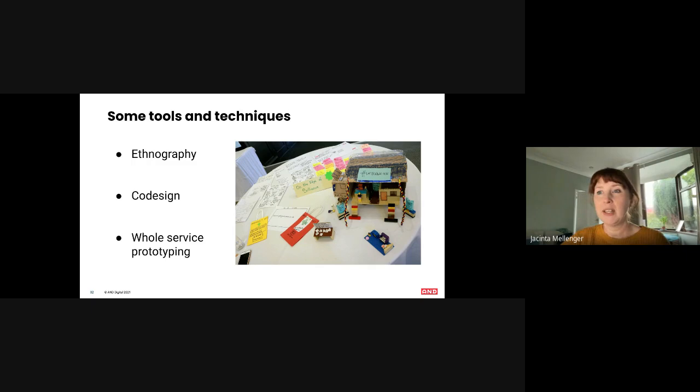The second is co-design. This involves creating spaces for people who play a variety of roles in a policy space to come together and share mutual experiences and decision making.